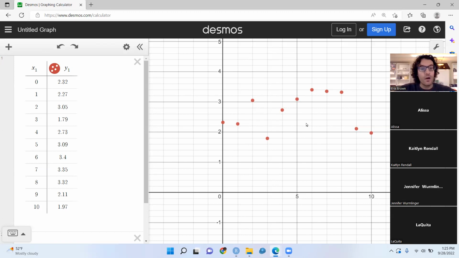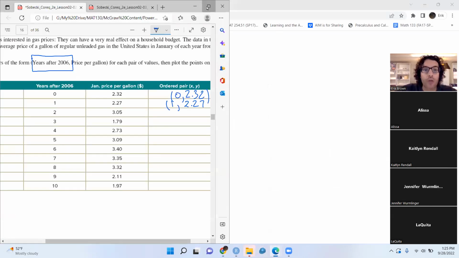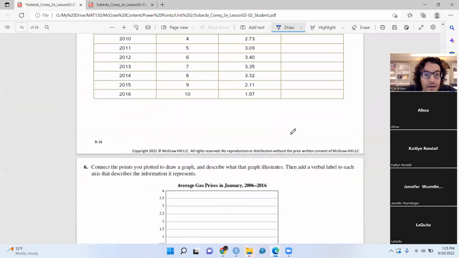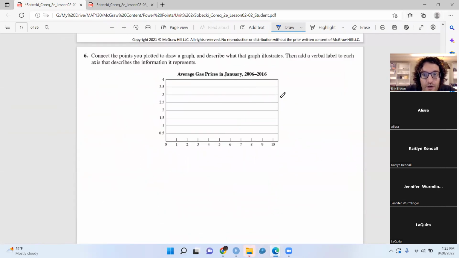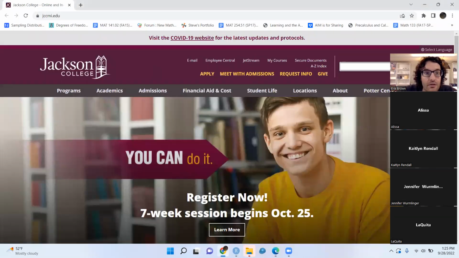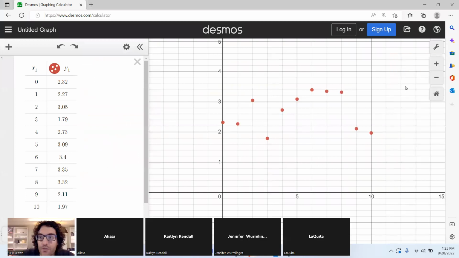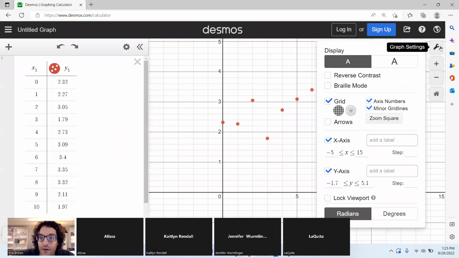Okay, so with our graph, our author says, plot these things, and then we're supposed to draw it here, and we're supposed to label the axes. So let's do that. In Desmos, we can label our axes under the graph settings.